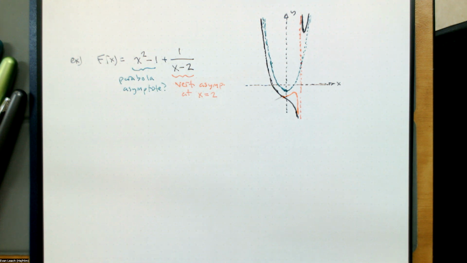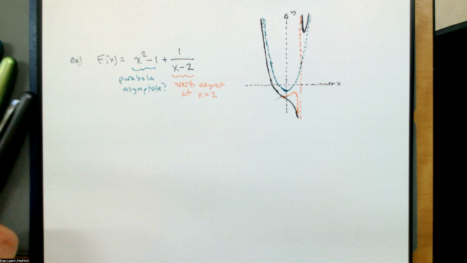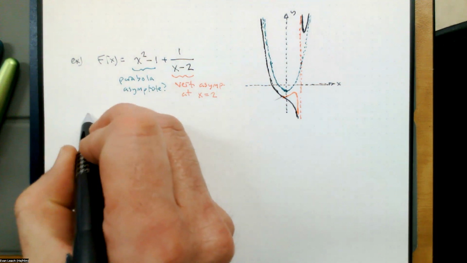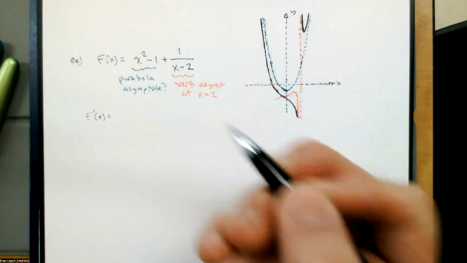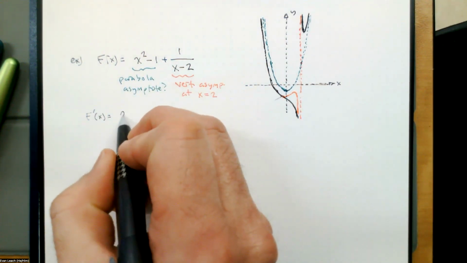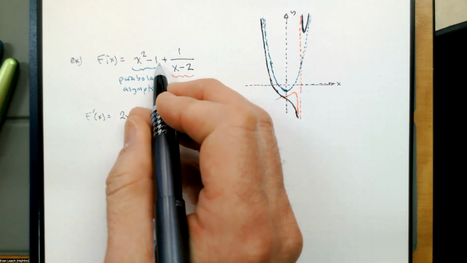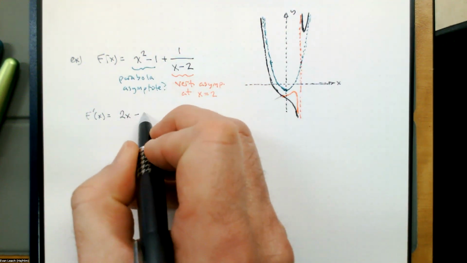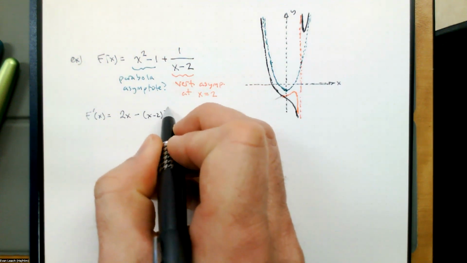We can find that out because we have calculus technology now. We can figure out what's going on down here with calculus. If we look at f prime, the derivative is going to be 2x plus 0 plus x minus 2 to the negative 2.